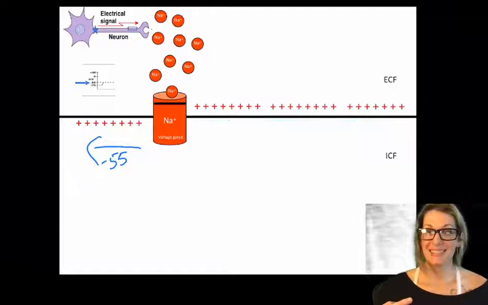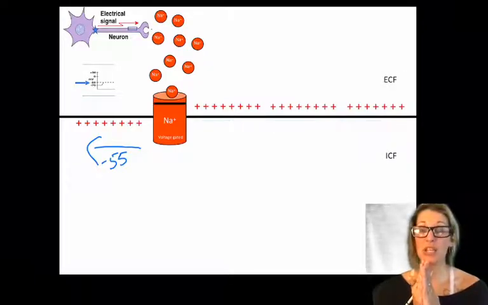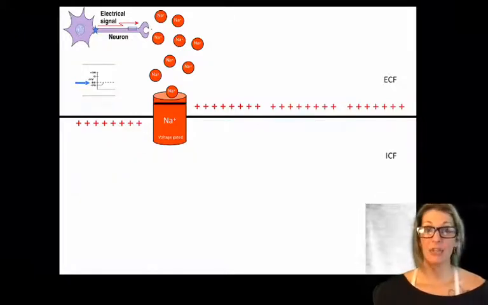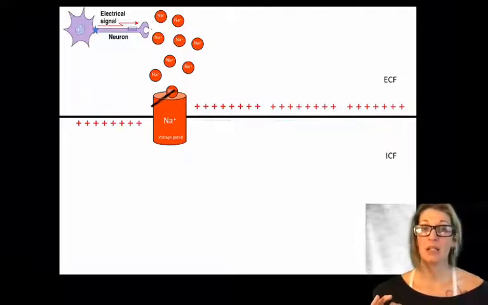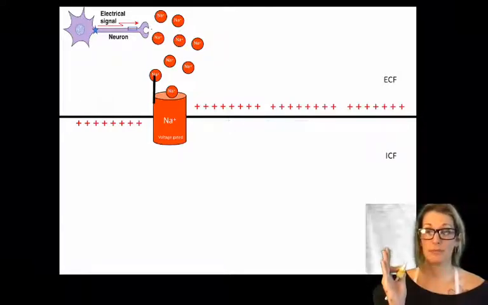What this does is, in the part of the axon that's directly adjacent, right next to the axon hillock, this changes the charge of the membrane. It changes the voltage. And what that does is it triggers the voltage-gated sodium channels in the axon to open.